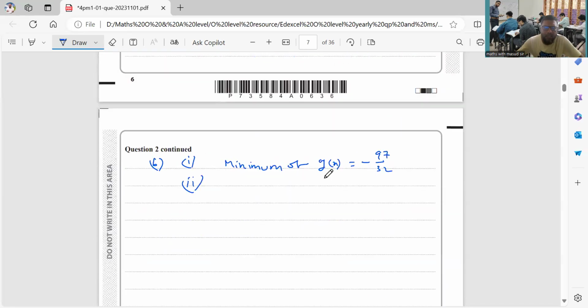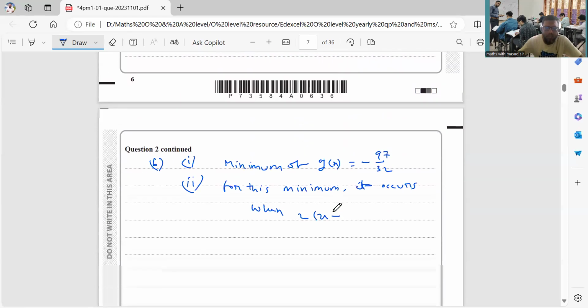So this minimum occurs when 2 bracket x plus 1/8 whole square equals 0.